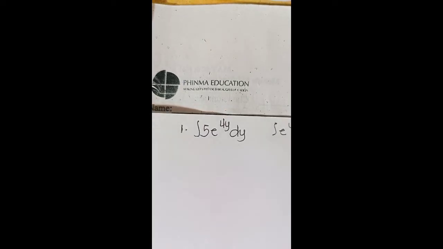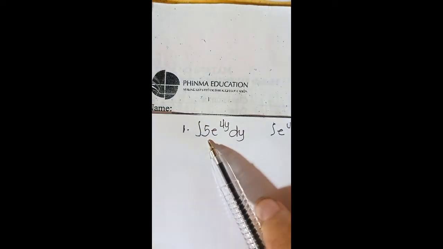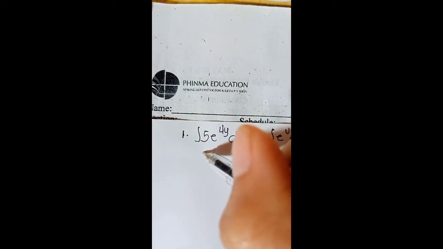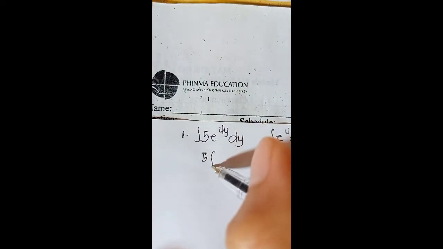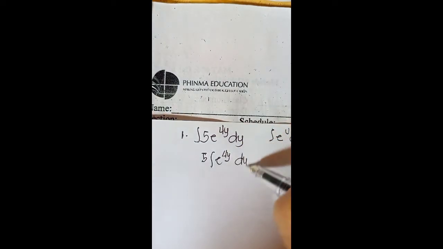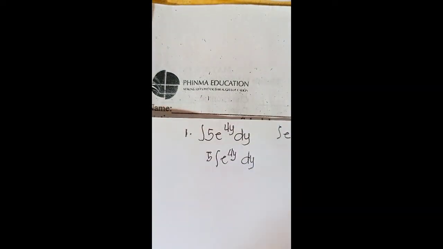Now, in this case, we have a constant 5, so we can move 5 outside the integral and write the equation as 5 times the integral of e raised to 4y dy. But before we can apply the rule, we should first identify the u and the du.